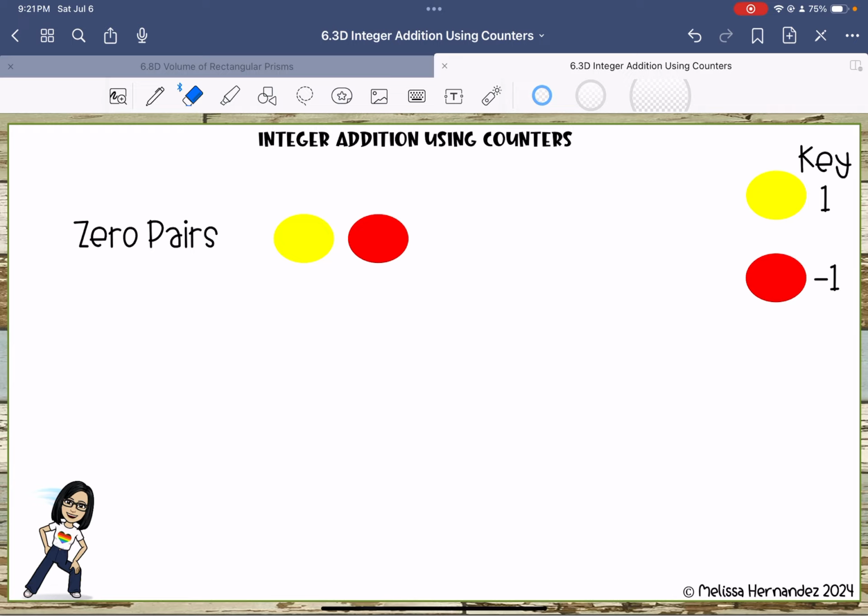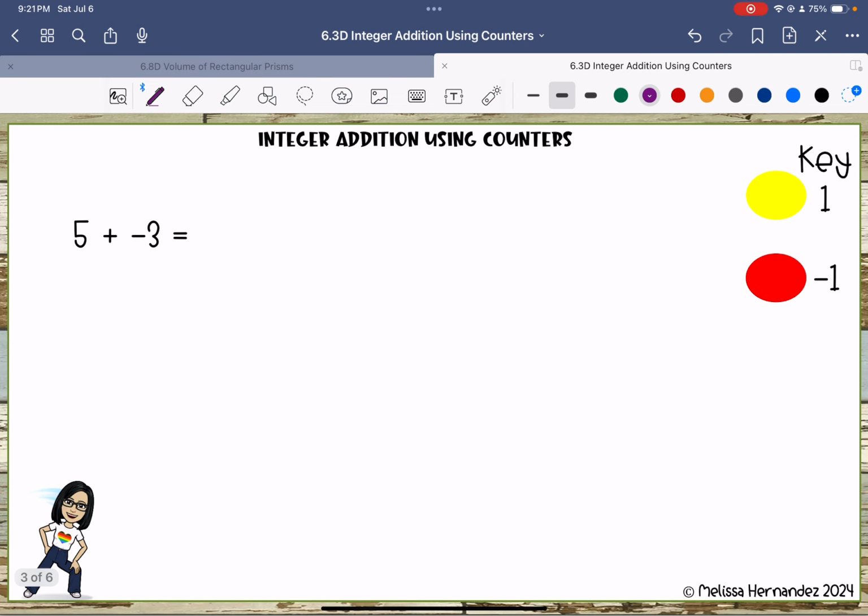All right, so let's go ahead and jump into our first example. So it's 5 positives plus 3 negatives. Okay, so what we're going to do is we're going to combine 5 positives with 3 negatives. Well, let's see how it would look with our integer counters. There you go, 5 positives and then 3 negatives.